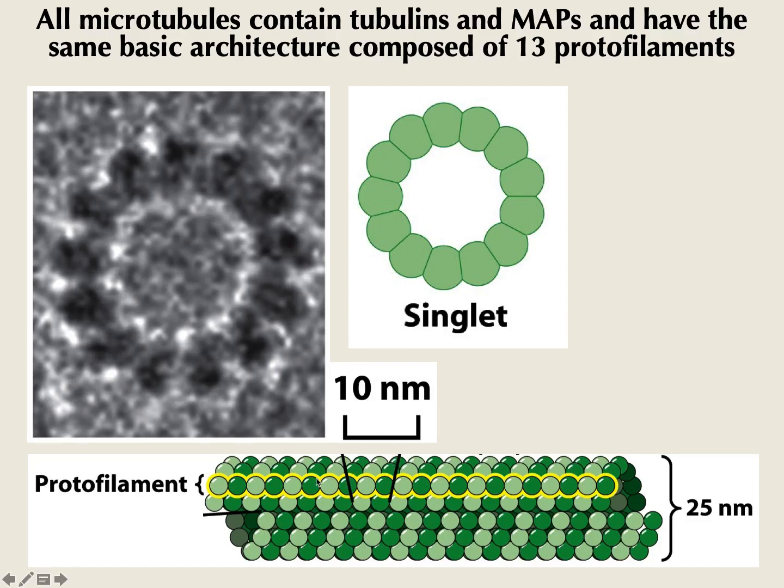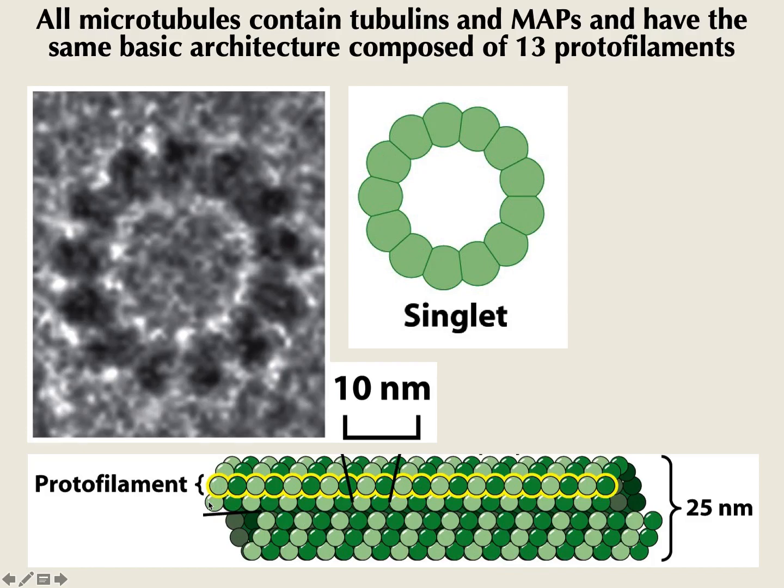Protofilaments, if you look in the other dimension, are a string of those beads. Each one of those elements here would be one bead in a cross section. Okay, so that's an essential organization of the microtubule. So you have 13 of those protofilaments.